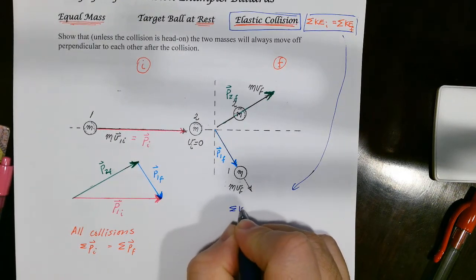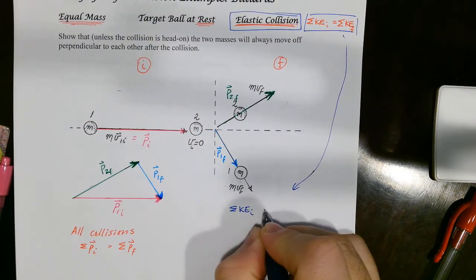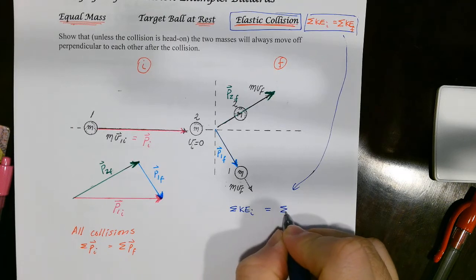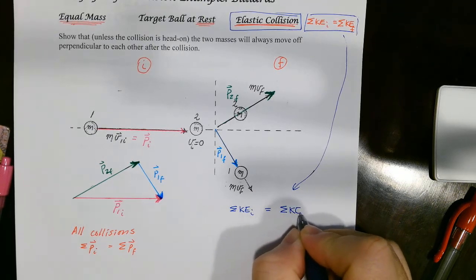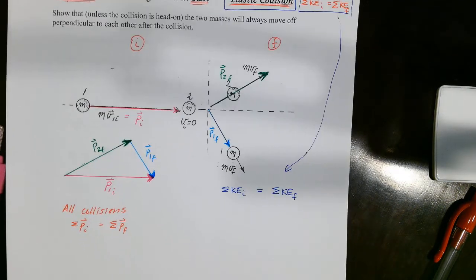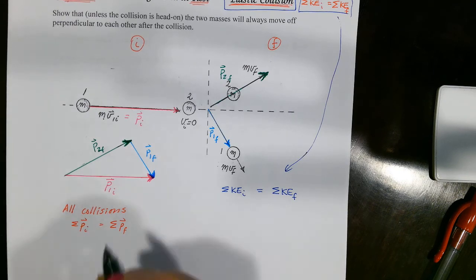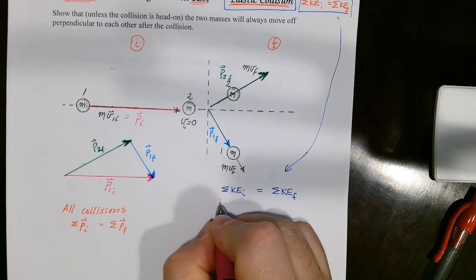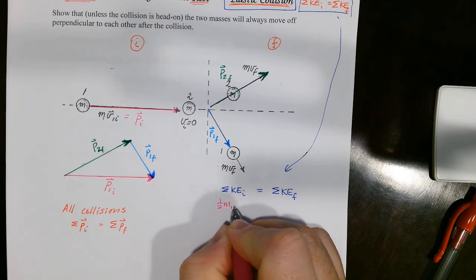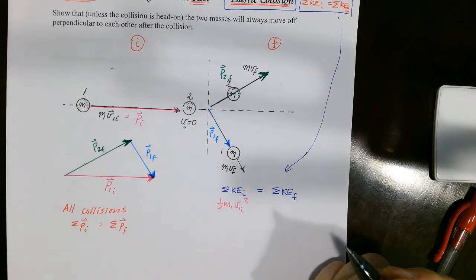The sum of all kinetic energy initial must equal the sum of all kinetic energy final. Initially, I should only have 1/2 m1 v1 initial squared.